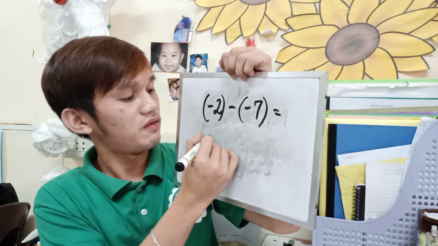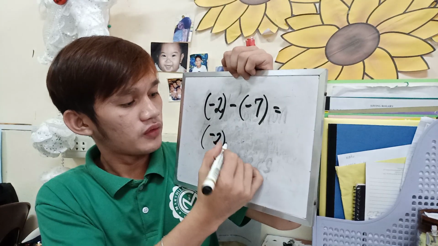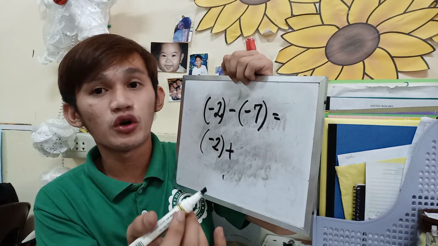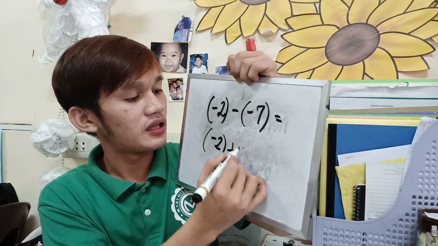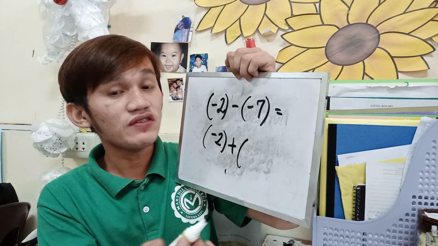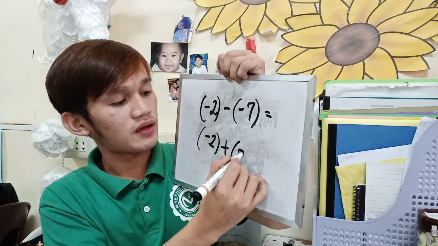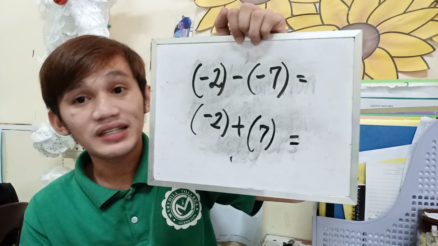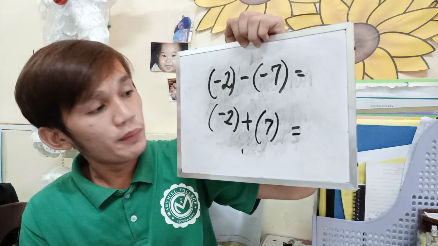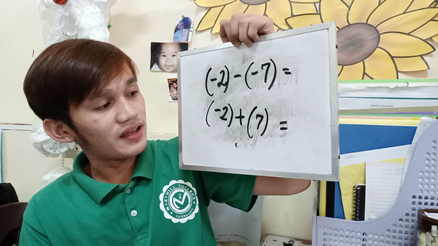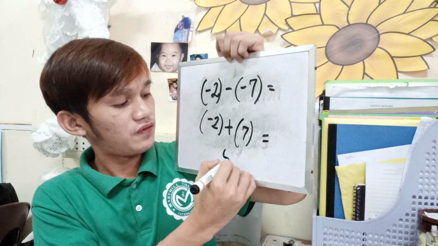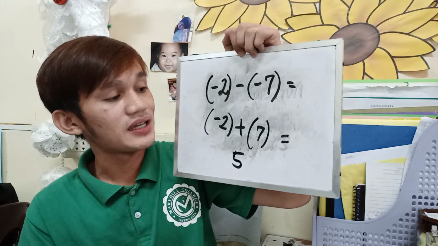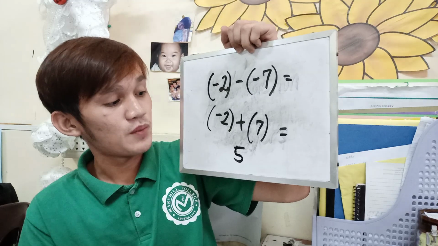So this will be negative 2 plus the opposite of negative 7, which will be positive 7. So this will be addition of integers once again. Negative 2 plus 7 is definitely positive 5, because they are different signs, you subtract them and then you keep the sign of the higher number. So positive 5.